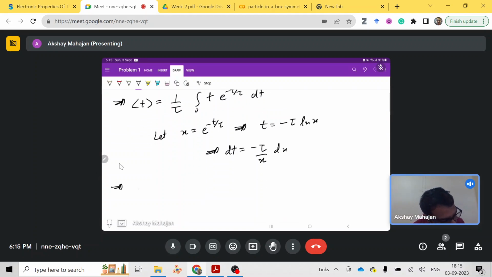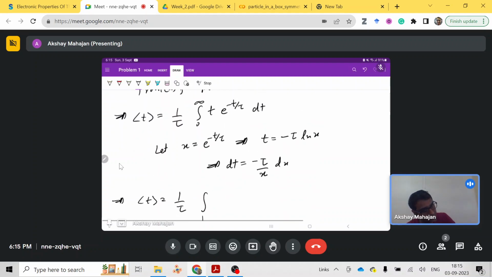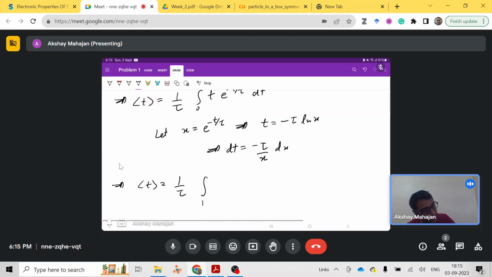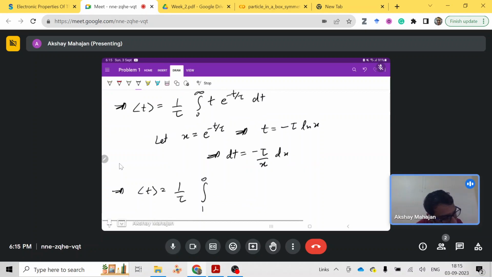So using this, our average time t will be written as 1 by tau, then at t equals 0 our x will be equal to 1. We are just doing a change of variable in integration. At t equals infinity our x will be 0, since e to the power minus infinity is 0.